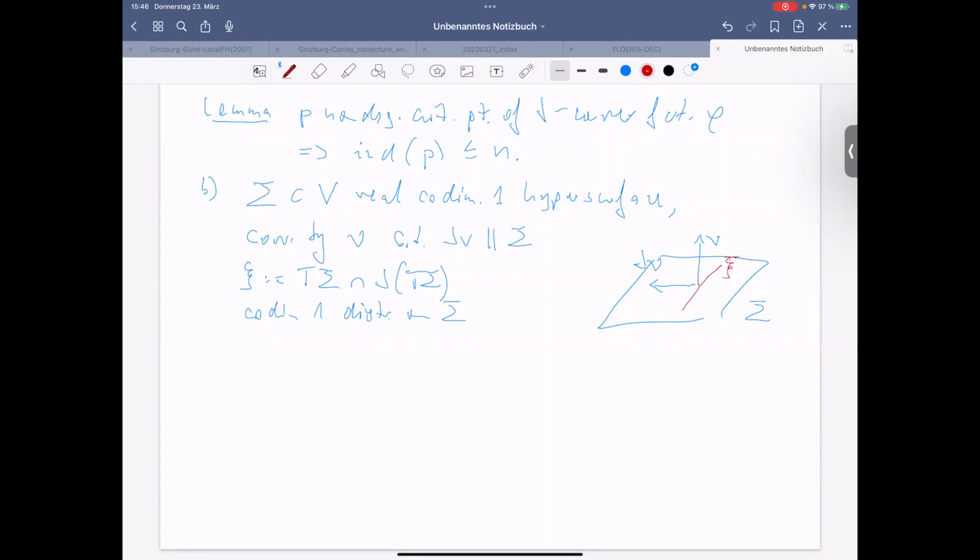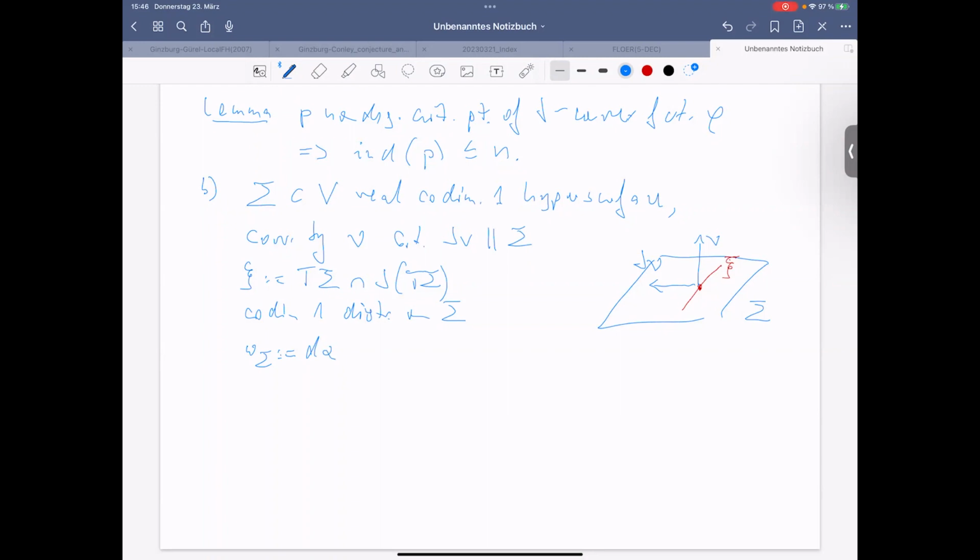Yeah. So at every point P, you have a maximal complex subspace of the tangent space of sigma, which is a real codimension 1 in sigma. So it's a real codimension 1 distribution over sigma. And now we can define omega sigma to be d alpha.